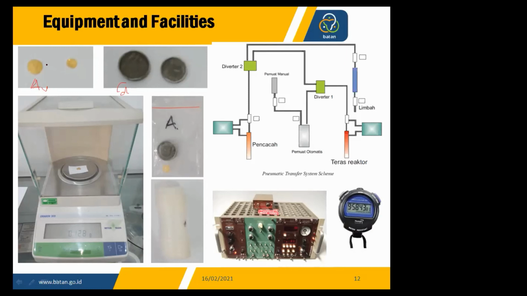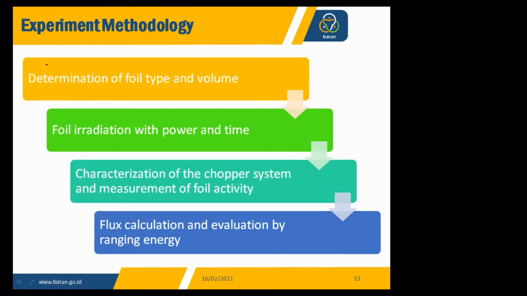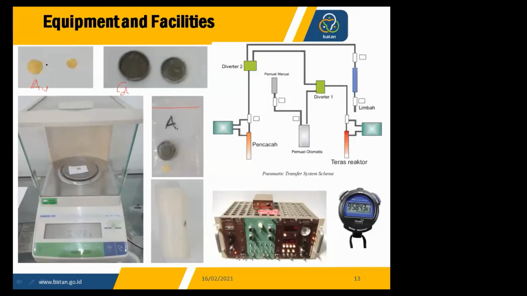Gold that is unwrapped will be activated by neutrons of all energy levels, while gold wrapped in cadmium is only activated by thermal neutrons with energy below 0.469 electron volt. That is the cutoff energy of cadmium.